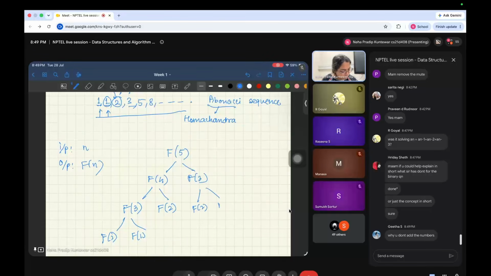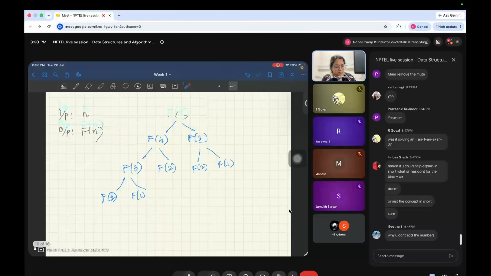So there is a lot of computation that's wasted here, right? You are redundantly calculating the same thing again and again. For example, f of 2 is being computed at these two places, then f of 3 is being computed here, and if n was large, then there is a lot of computation going wasted.